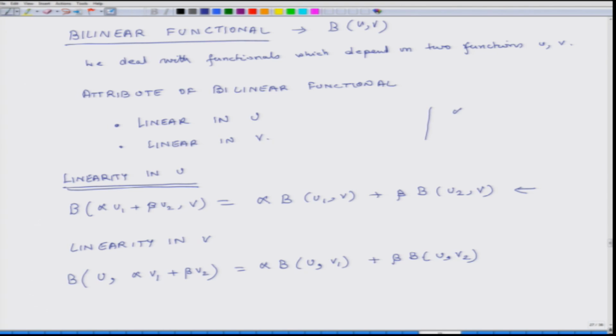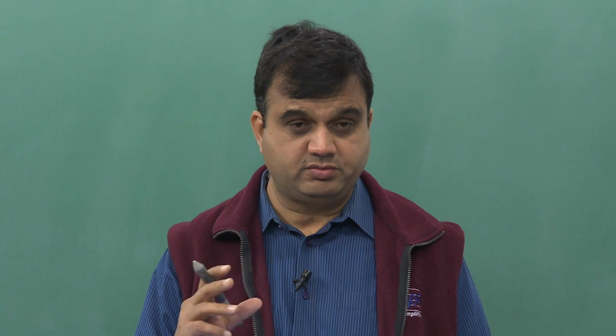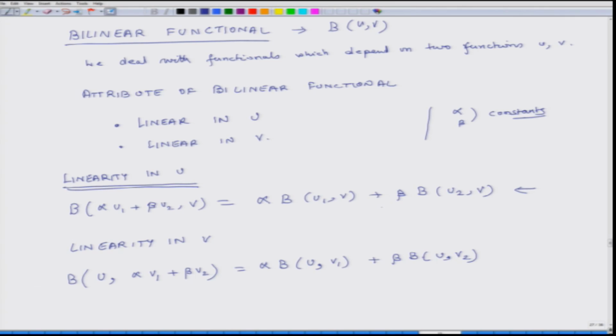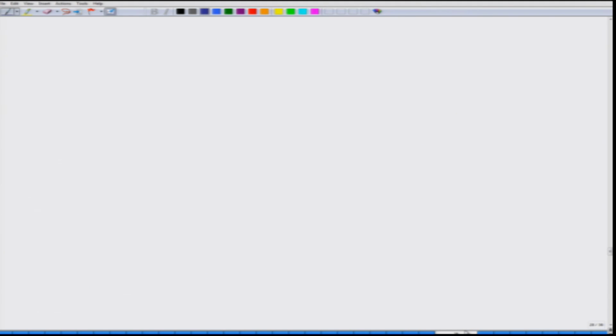Once again, alpha and beta are constants. So a bilinear functional first depends on two independent functions, both of which could be functions of x, and it has to be linear in u and linear in v. It has to satisfy both these conditions. And then there is a special category of bilinear functional, and it is symmetric.